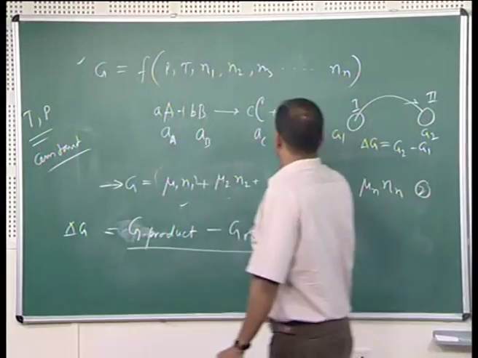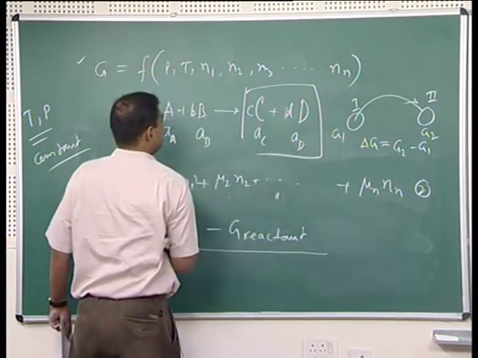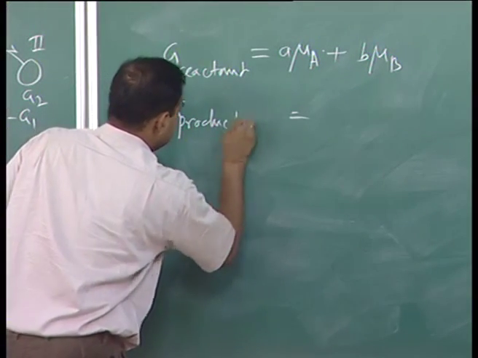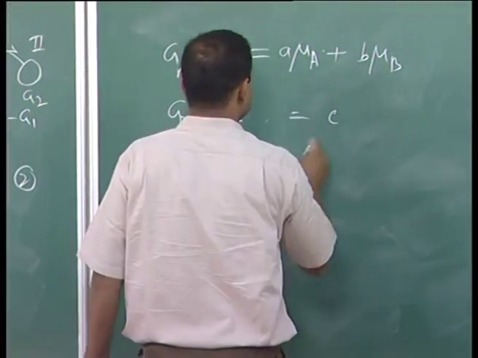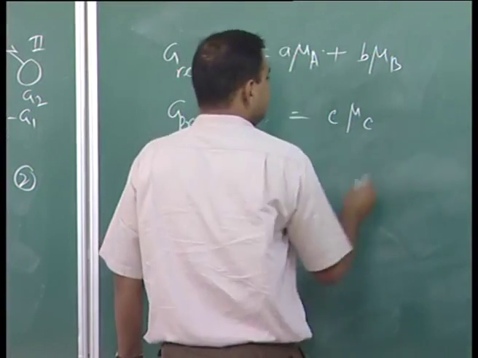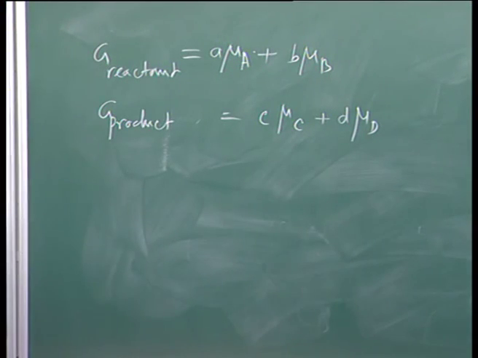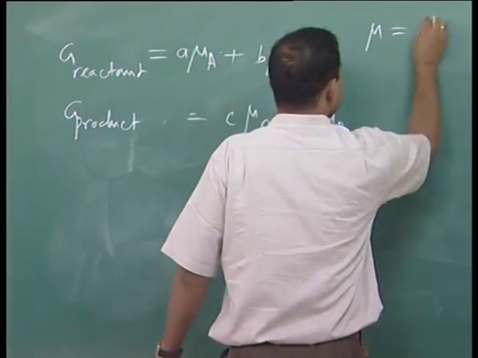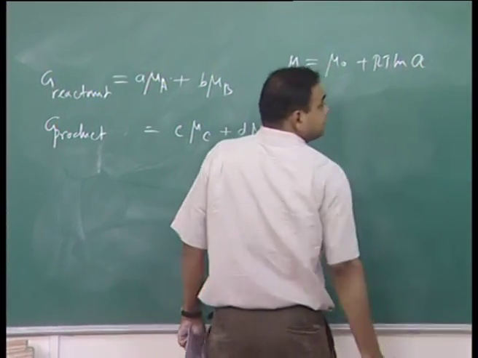Let us say I would like to consider the free energy for the product. In this case G2 is nothing but c, the number of moles of C component, mu C plus d mu D. Now, this chemical potential is also expressed as mu 0 plus RT ln activity.